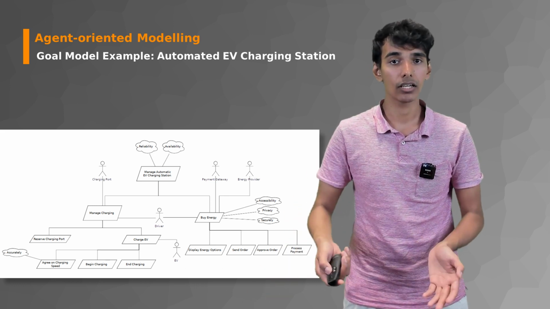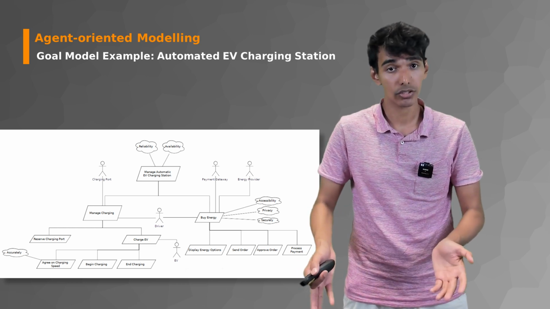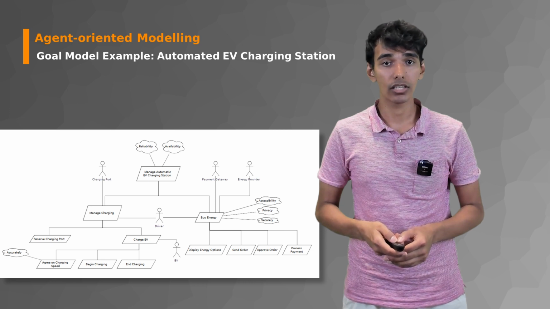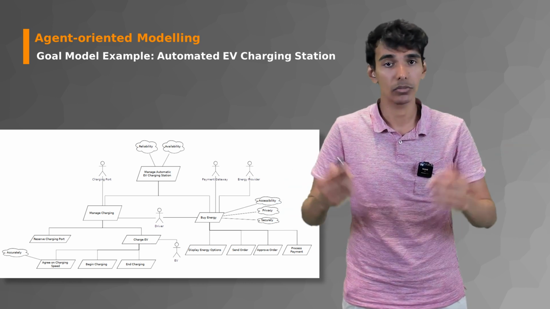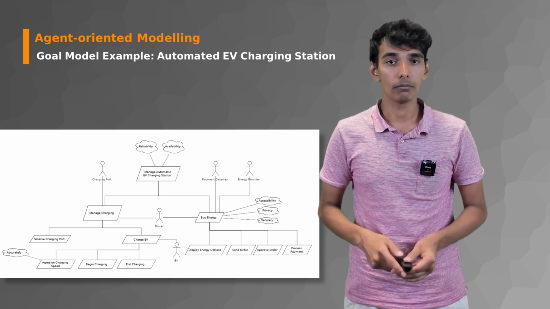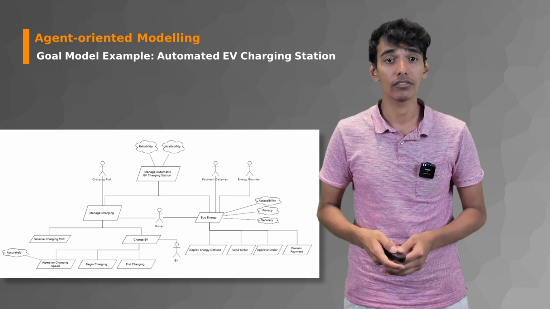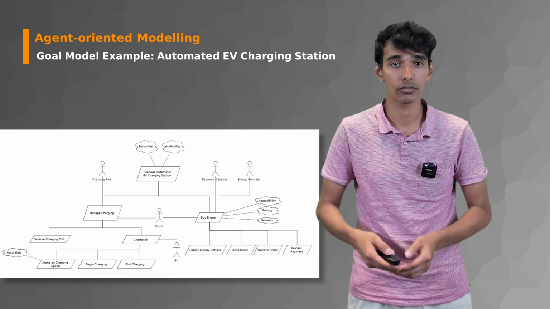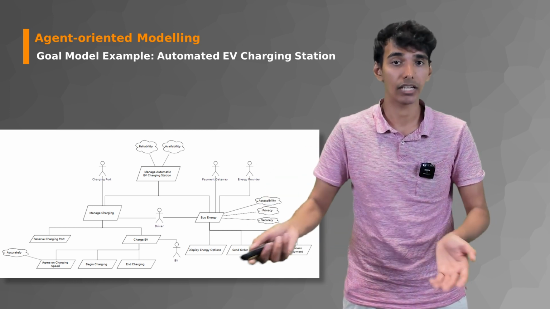This can include an energy provider, the entity providing energy to the charging port, which could in some theoretical scenarios be a solar power station, a wind power station, or traditional gas power stations. And you could also have a payment entity, something that processes all the payment information. So these can be separate roles that are played by different actors.